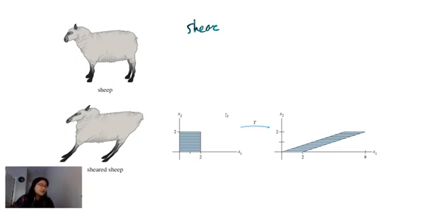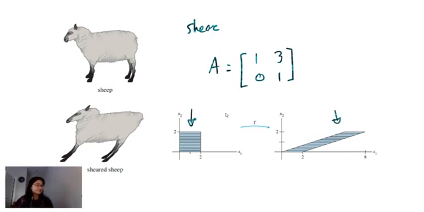That's possible through multiplying by a matrix. In this case, we have the matrix 1, 3, 0, 1, and we are shearing each of these points of the square to give us the new points in our range.